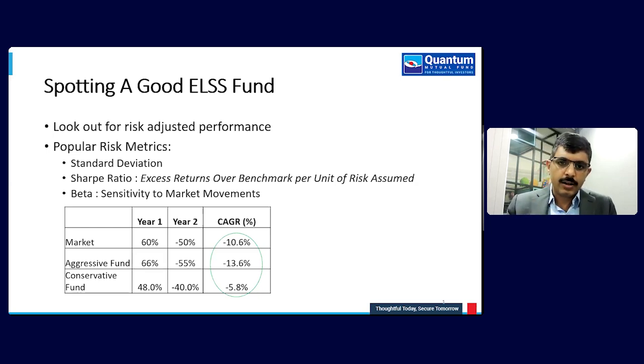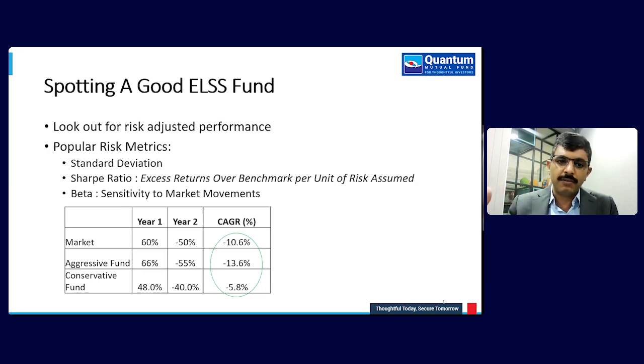While there are a lot of videos and presentations on how to spot an ELSS fund, very often we have seen investors focusing too much on the return part while giving very little attention to the risk metrics underlying those funds. So in this video, I'll speak about how to evaluate the funds on a risk adjusted basis.